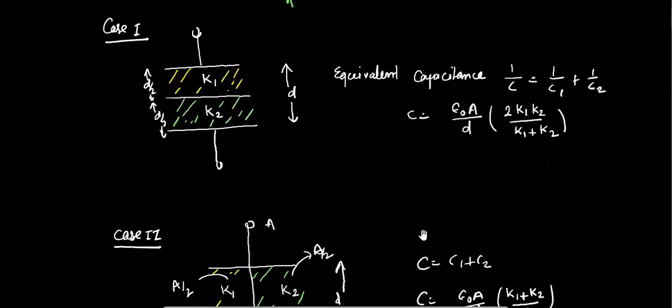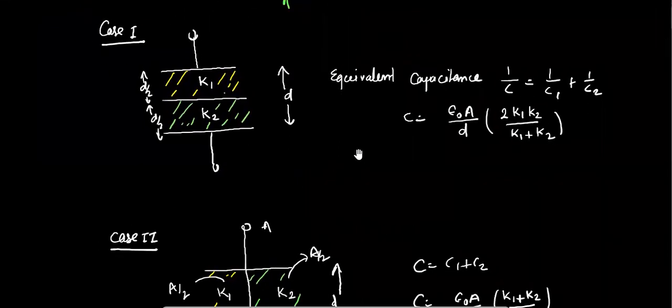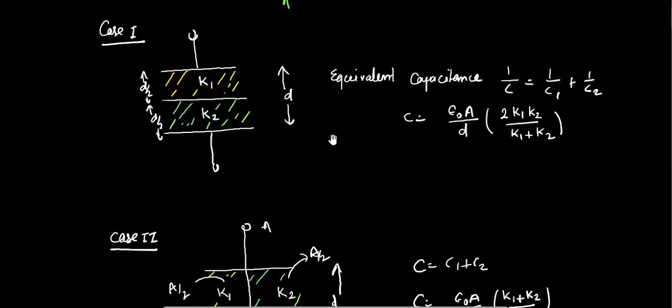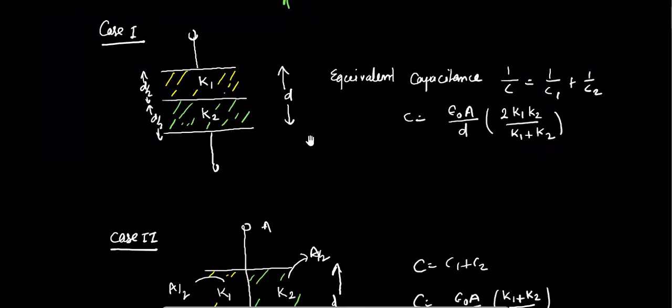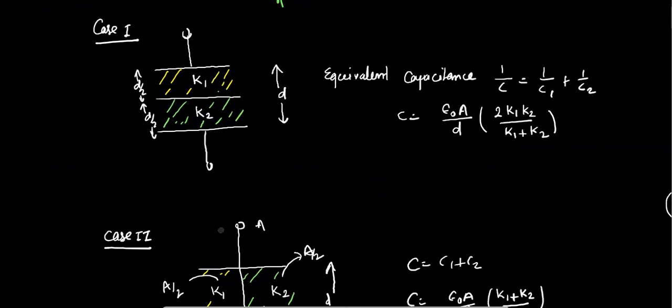Now we are heading towards another topic, and this is a special kind of special cases, we can say. So in this case, two different dielectrics are inserted between two plates of a capacitor, and the separation of the two plates is supposed to be D, and the materials which are being inserted in between these two plates have the dielectric values as K1 and K2.